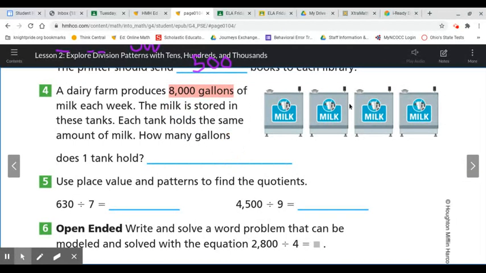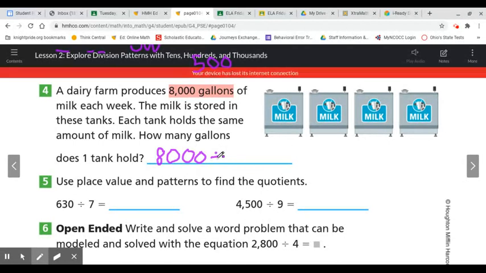And then we have to look at the picture to know how many tanks it's going to be divided into. We're going to have 8,000 gallons divided into 4 tanks. So I'm going to write out my equation first here: 8,000 divided by 4.